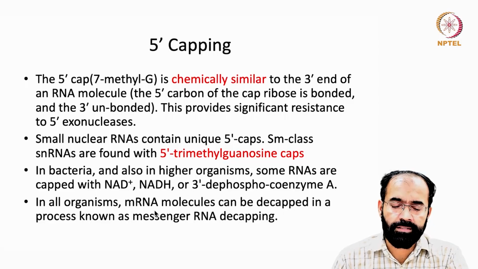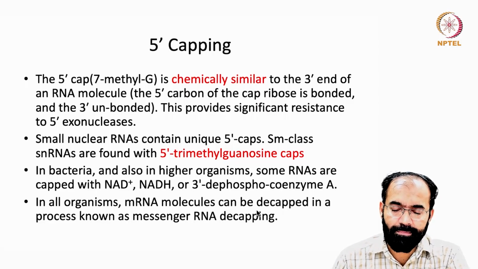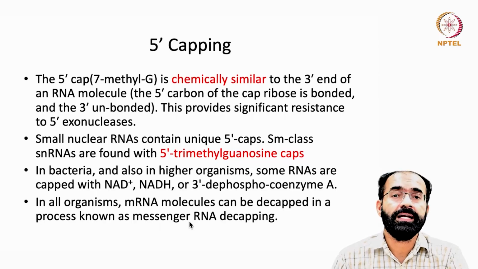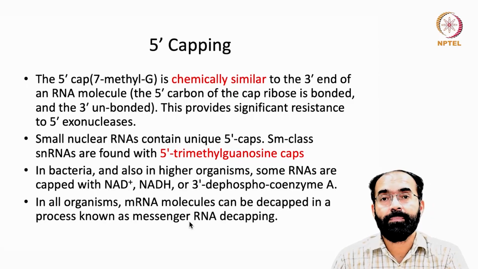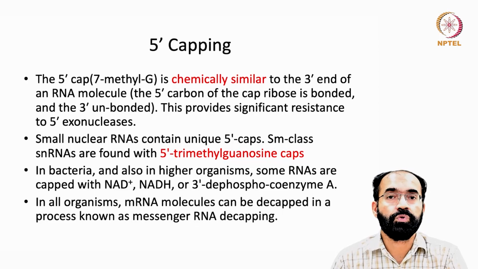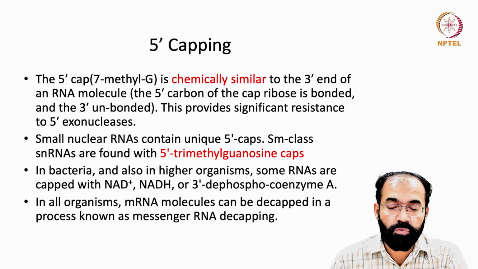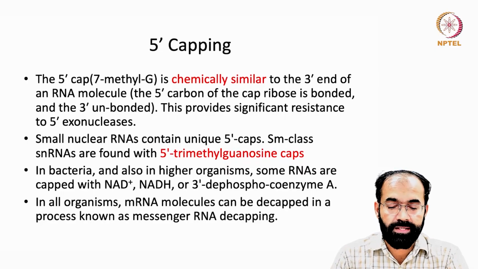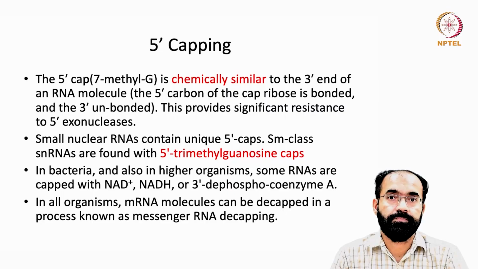In all organisms, mRNA molecules can be decapped in a process known as messenger RNA decapping, and of course there are dedicated decapping enzymes present to do this job. So with this I will stop this section, and we will resume in another class. Thank you.